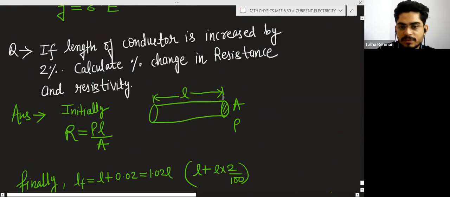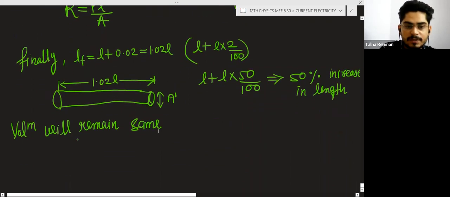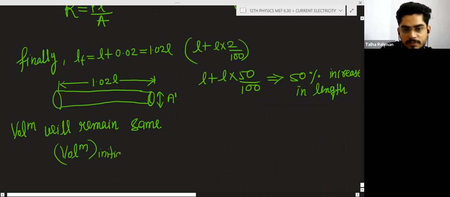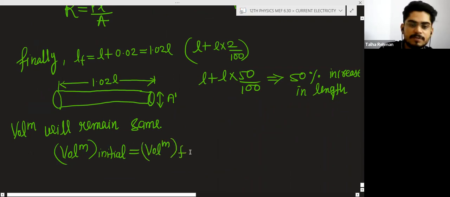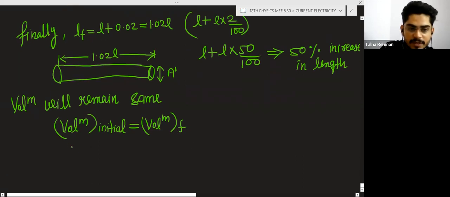Area into length. Volume initial is equal to volume final. Initial volume is initial area into initial length. Final volume is final area, A dash, into final length.